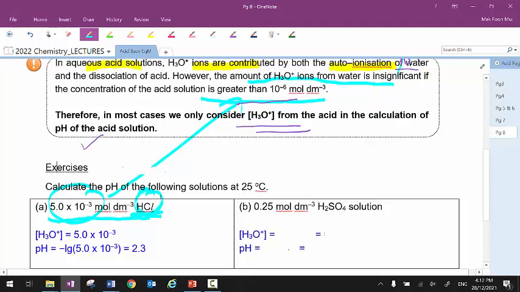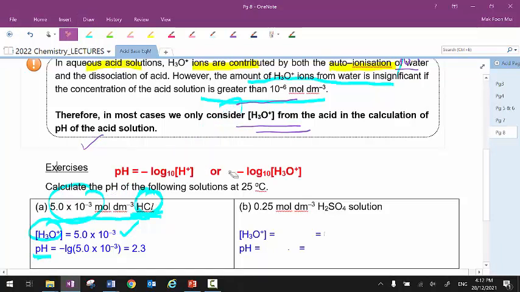So the concentration of HCl will be the same as the concentration of H plus, which is 5 times 10 to the power minus 3. Remember this very important equation: pH equals negative log to base 10 of the H plus concentration. So the value for pH here will be 2.3 for this solution.